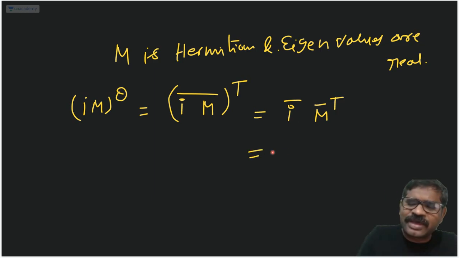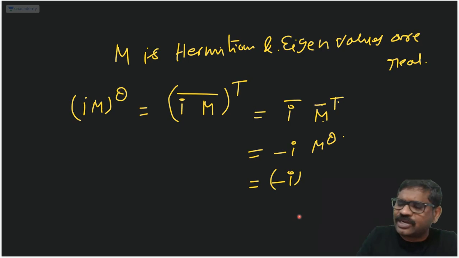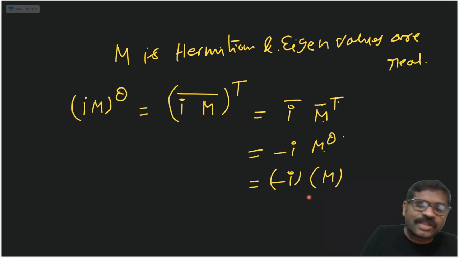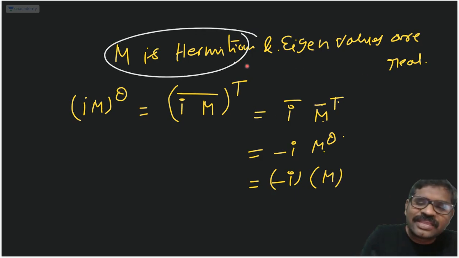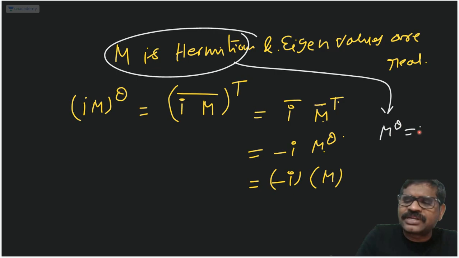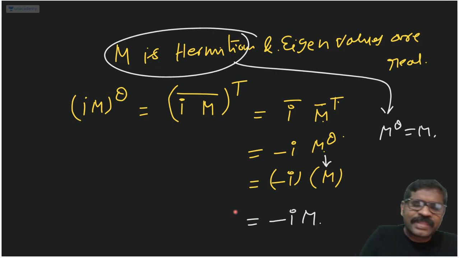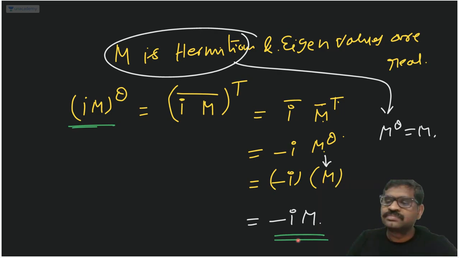So i bar is minus i, and M bar transpose is M power theta. That is minus i into M power theta, equal to M. Sir, how can we write M power theta equal to M? Since M is Hermitian, M power theta equals M. That's why I have written M. That is nothing but minus iM. So (iM) whole power theta equals minus iM. Observe here.